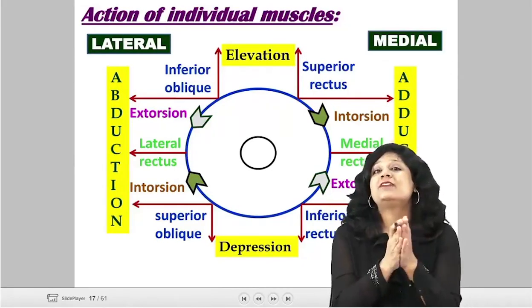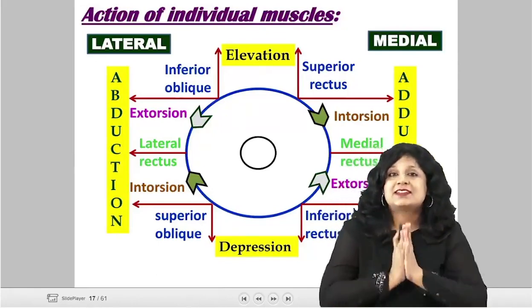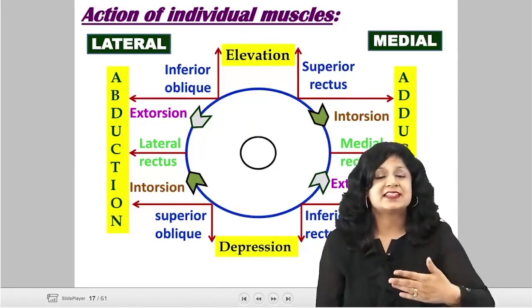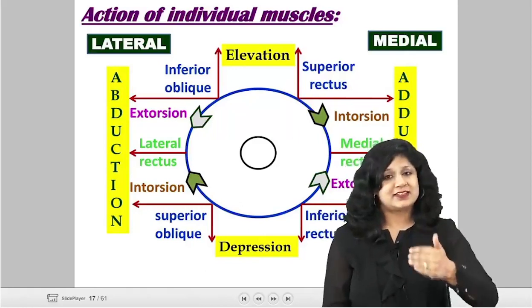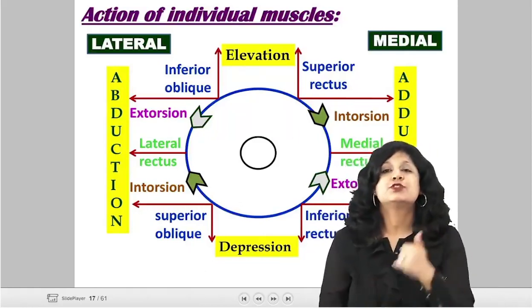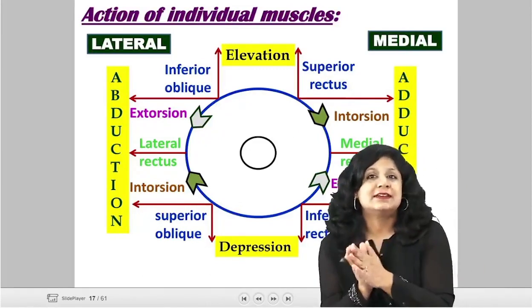Now, which muscle will cause intorsion and which muscle will cause extorsion? For the rectus muscles, it's very clear because they are moving straight in the same direction. So, superior rectus elevation, inferior rectus depression. But how to decide about intorsion, extorsion? For that you have a simple mnemonic, SIN, S-I-N.